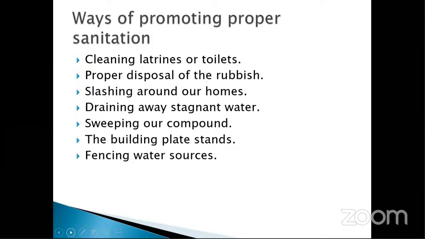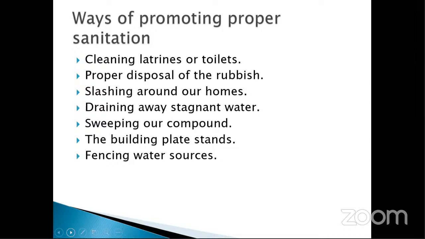So that is it. And I think the last part that we shall be talking about is a very simple one. We shall be looking at the things used to keep proper sanitation. Which materials, which items can we use to maintain, to clean our latrines? Which items do we use for slashing, draining stagnant water, sweeping, and doing all this?